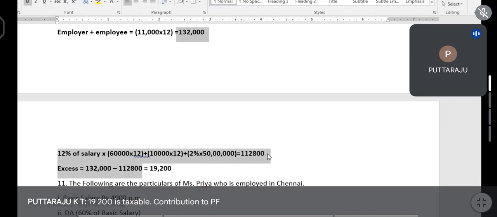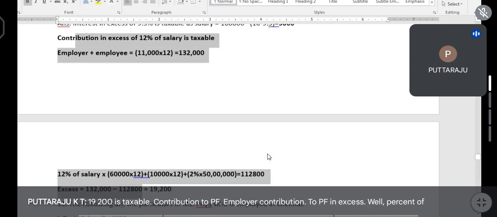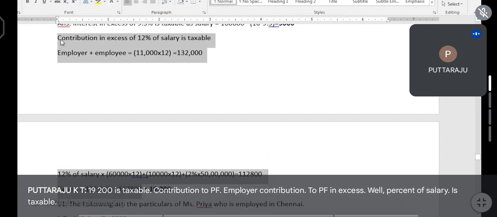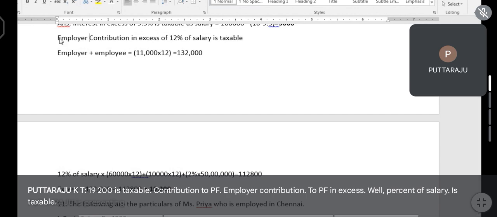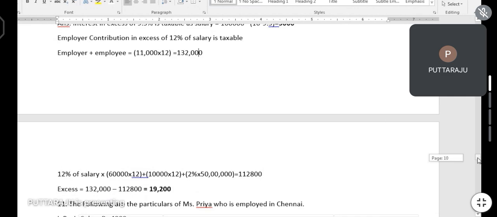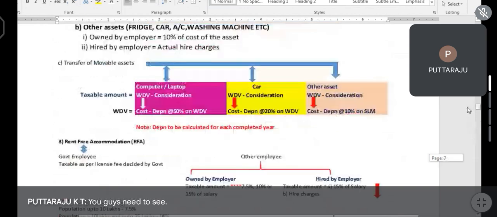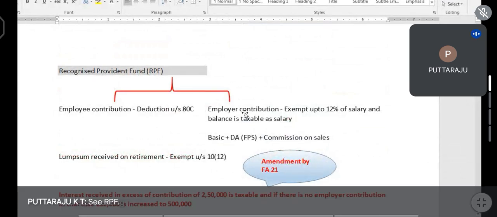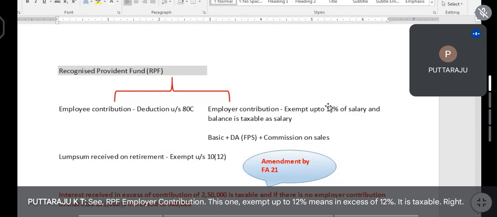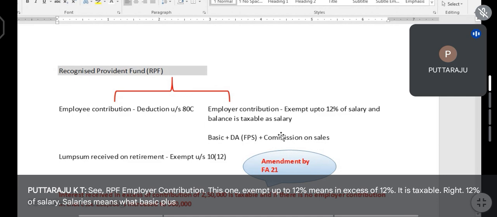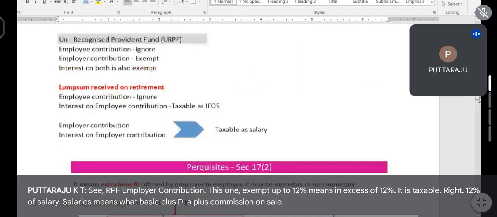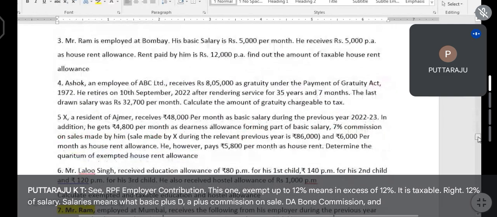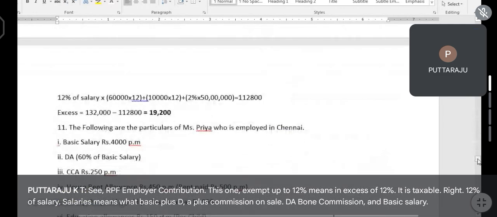Employer contribution to PF in excess of 12% of salary is taxable. You guys need to see. RPF, employer contribution: exempt up to 12%, means in excess of 12% it is taxable. Right? 12% of salary. Salary means what? Basic plus DA plus commission on sale. What are all the things we taken?